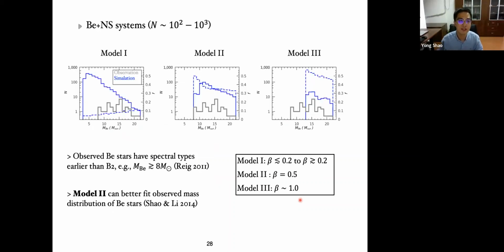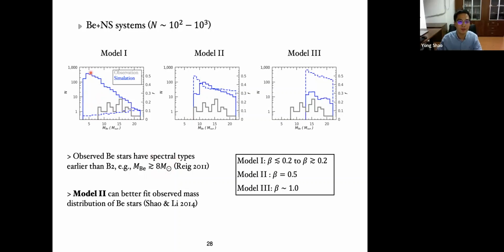For Be plus neutron star systems, this diagram shows their number distribution as a function of Be star mass. The gray curve represents the observed results. The observed Be stars have the spectral type earlier than B2, corresponding to the Be star mass of larger than 8 solar mass.